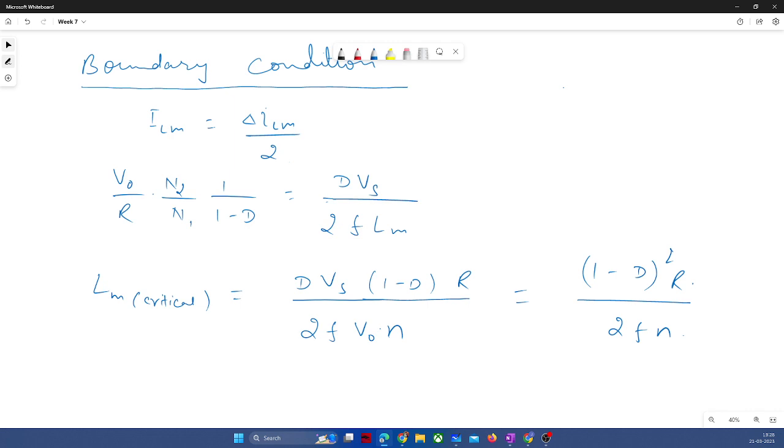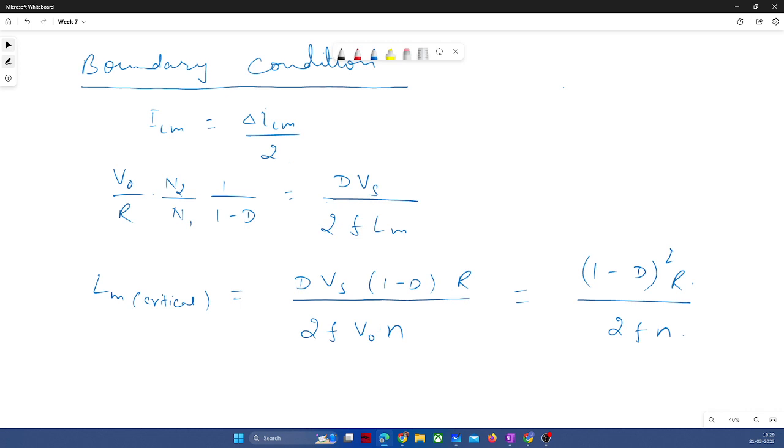So we have to rewire the transformer to get this critical inductance? If you have already designed, then you have to rewire. Otherwise, if you are designing it for the first time, then you can decide.